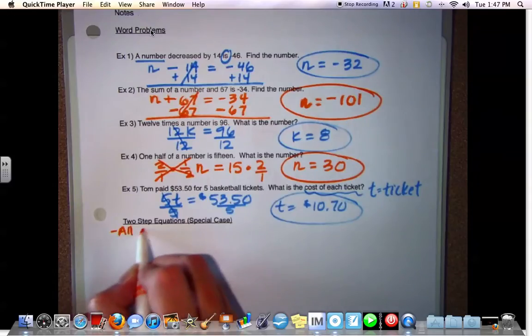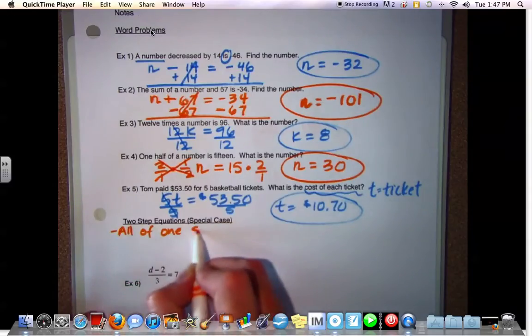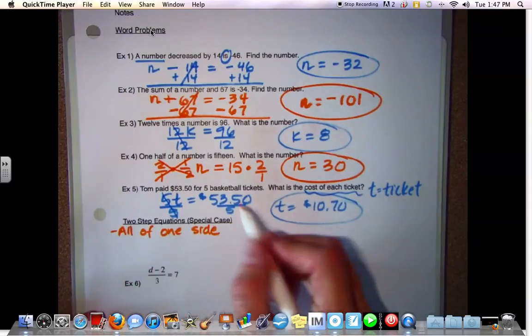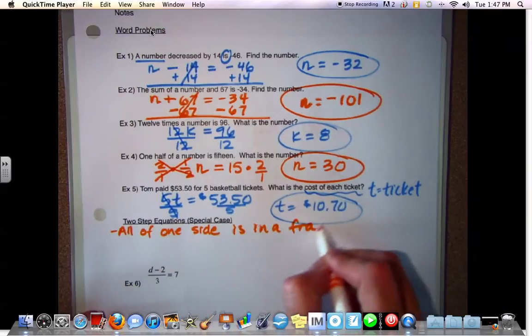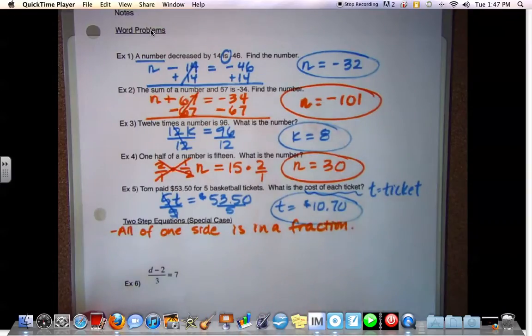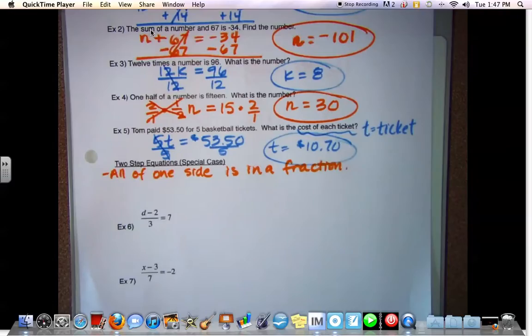What's different about these is that all of one side is in a fraction. Yesterday, only part of it was in a fraction. And we have 2 steps.